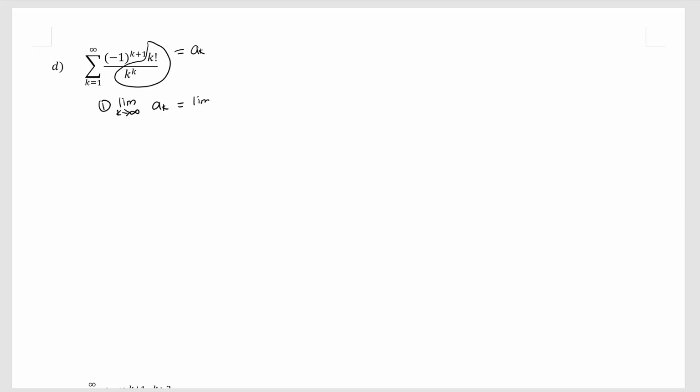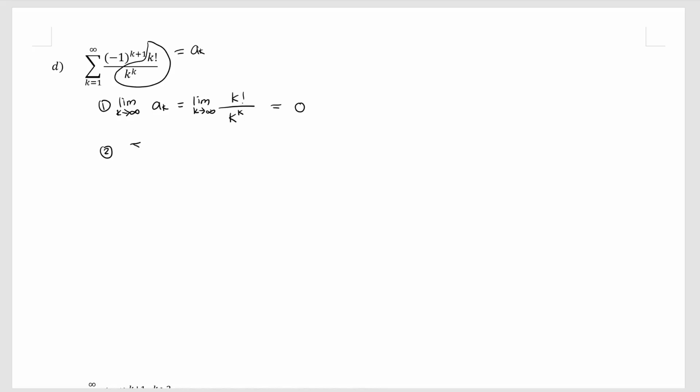We have k factorial and k to the k. Which one grows faster? K to the k. If the denominator grows faster, then this quotient goes to 0. If we get 0 here, it means the divergence test tells us nothing. We need to continue to step 2.